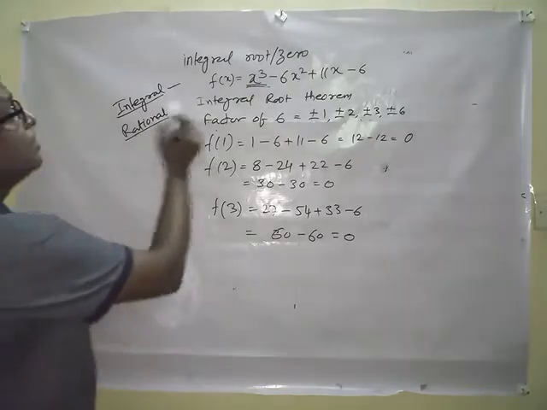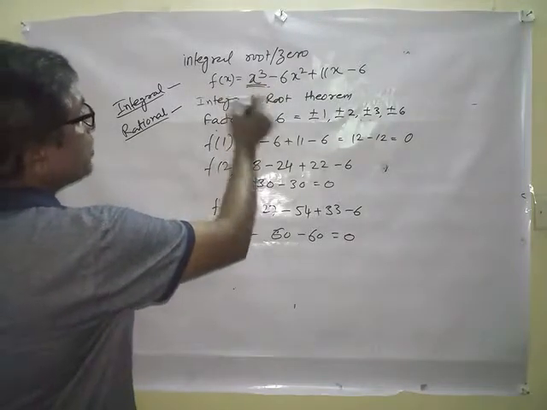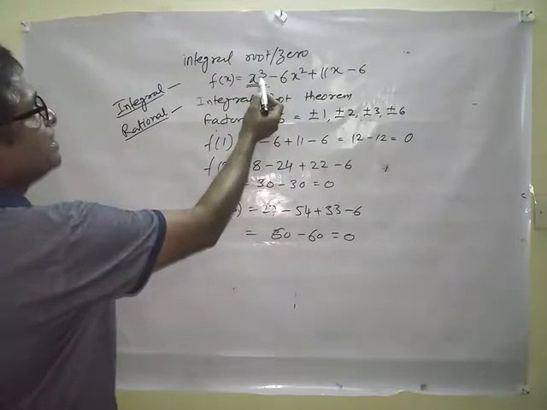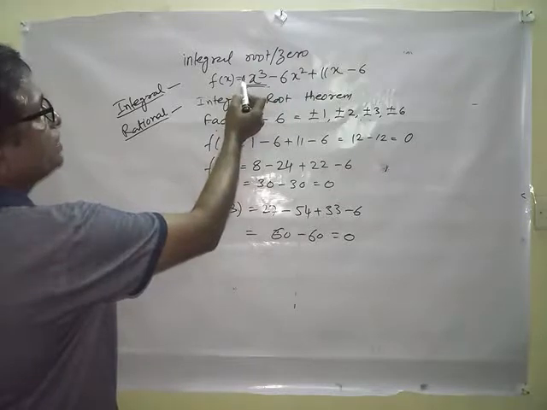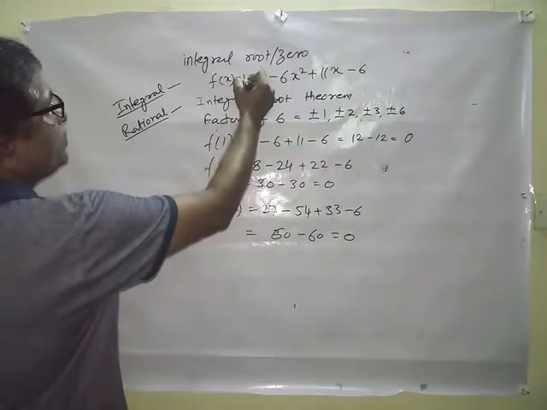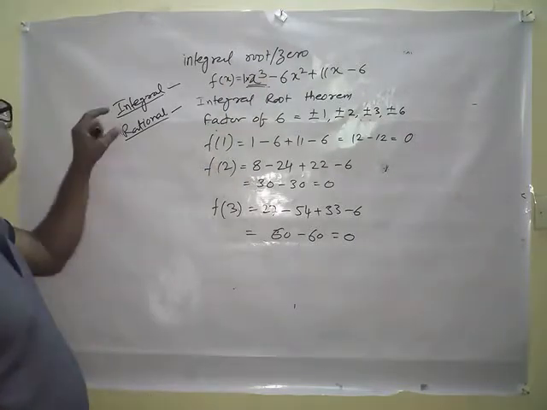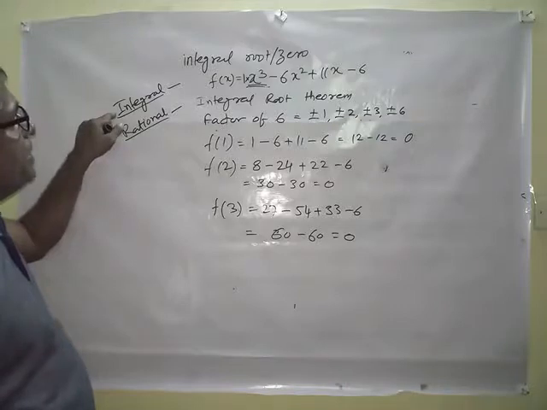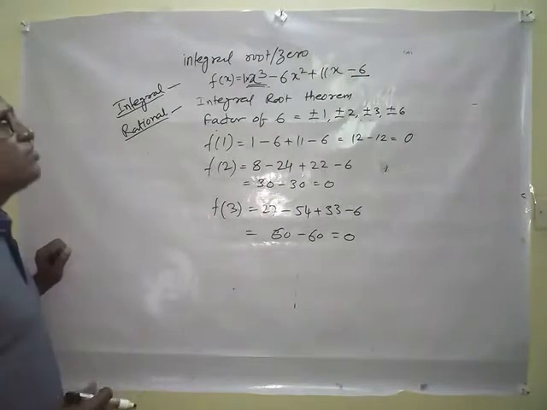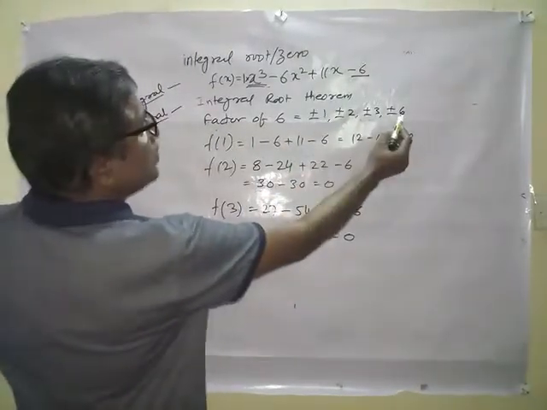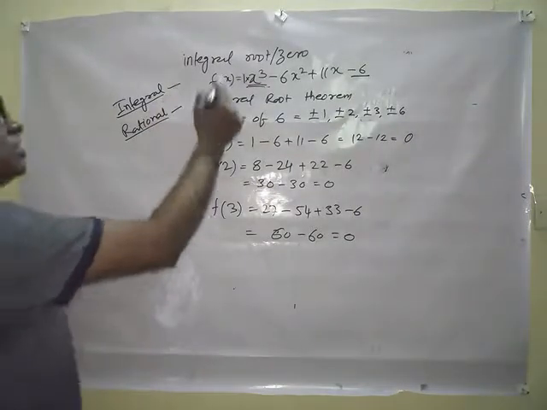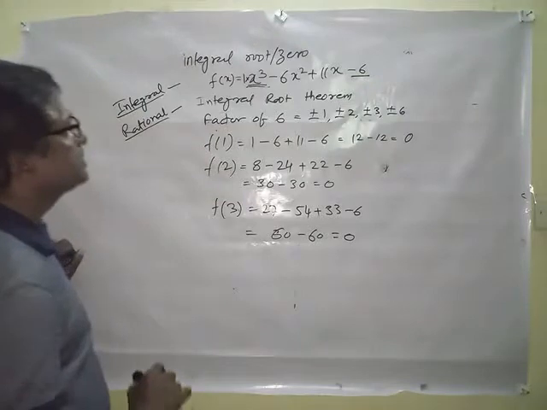I repeat, if in the polynomial equation the variable having the highest degree has a coefficient 1, then the integral root theorem will be applied, and with it, a factor of the constant value will be one of the roots, or zeros, of this polynomial equation.